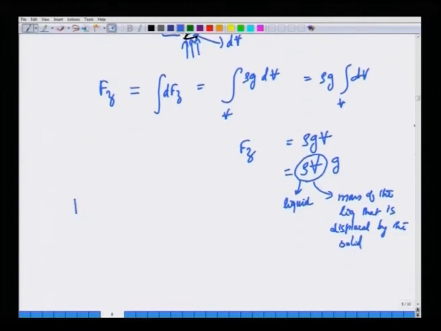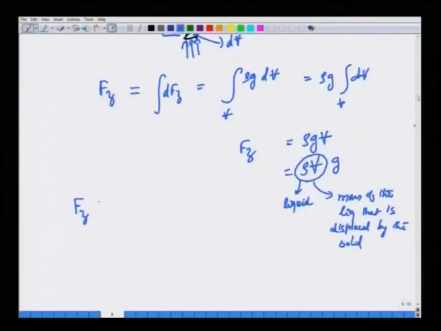So, the net vertical force on a solid object that is completely submerged in a liquid under a gravitational field is called the buoyancy force, and this is nothing but the weight of the fluid that is displaced by the solid object.